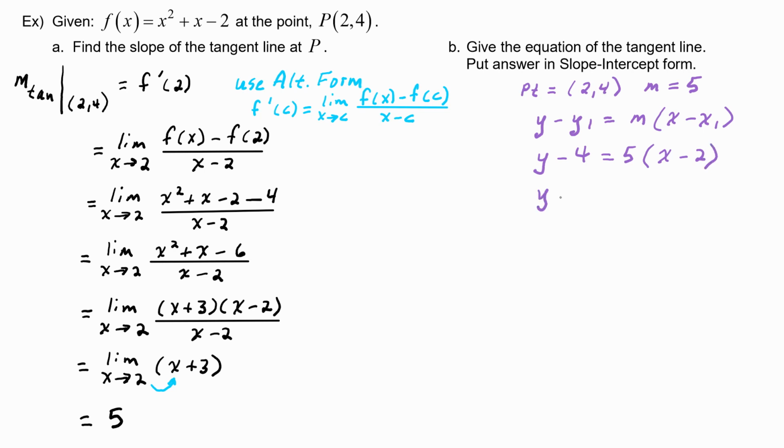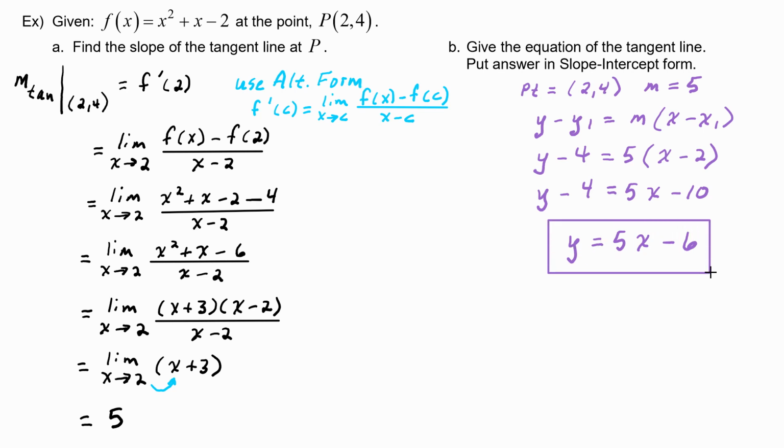Simplifying, we get y minus 4 is equal to 5x minus 10. Adding 4 to both sides, we get that y is equal to 5x minus 6. And this is the equation of the line in slope-intercept form.